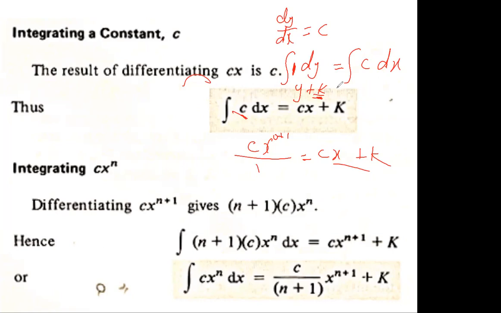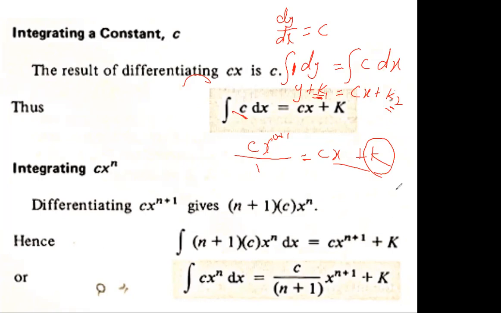Over here you get cx plus another k, because we don't know if there was a constant there. Therefore, we merge these two constants and let it be an arbitrary constant. Put it there at the end. That's where we got that constant from.